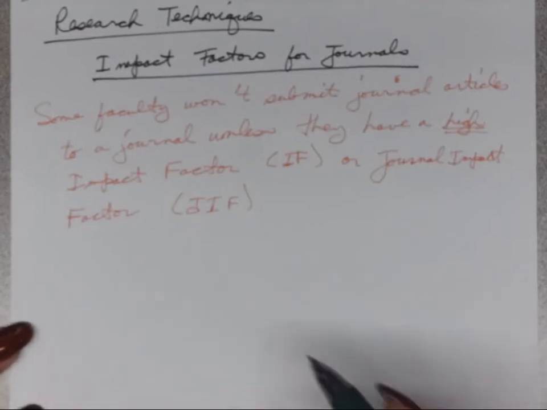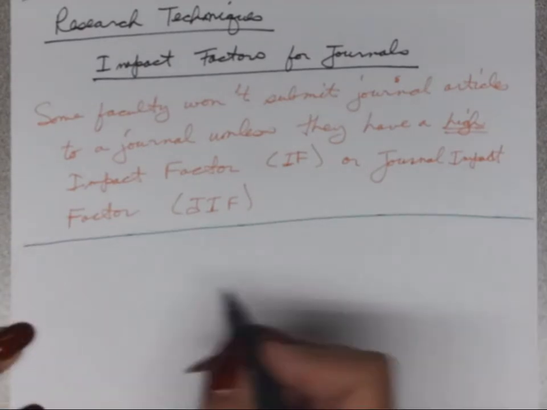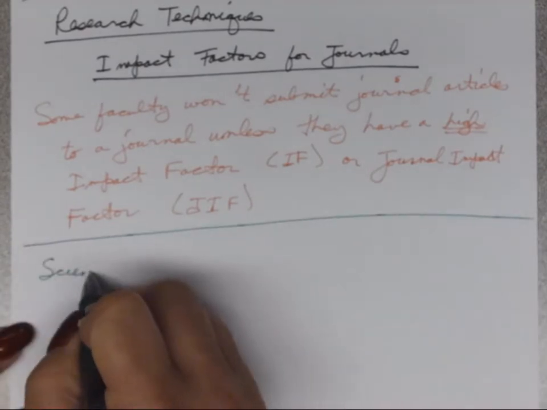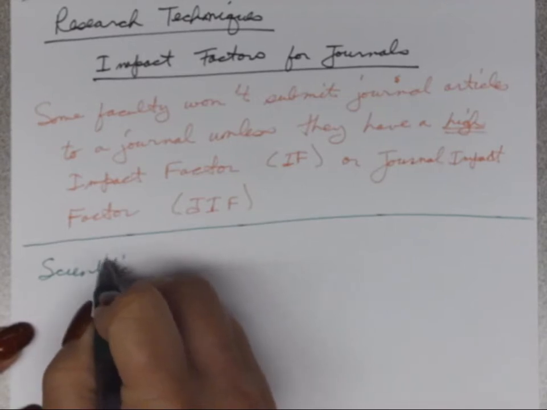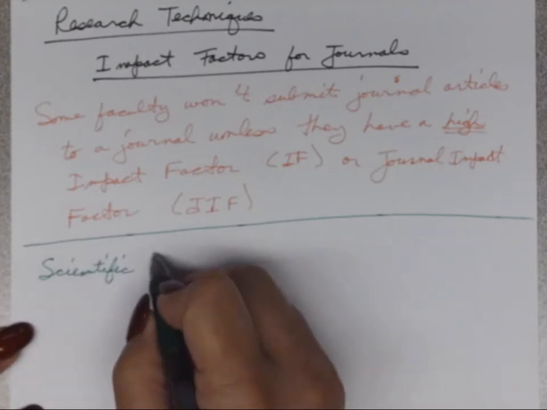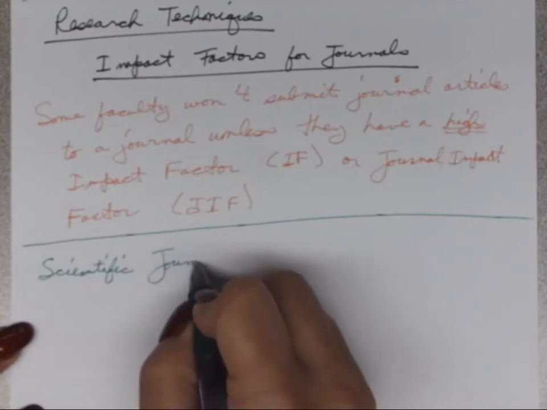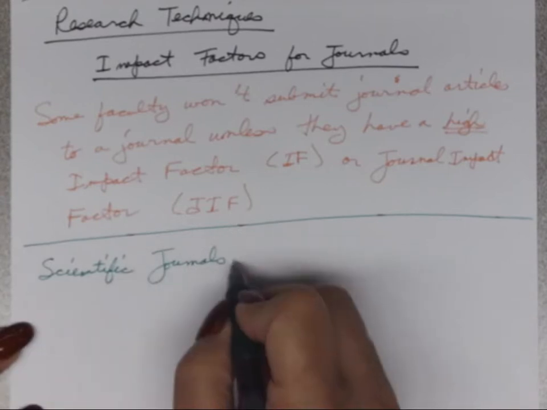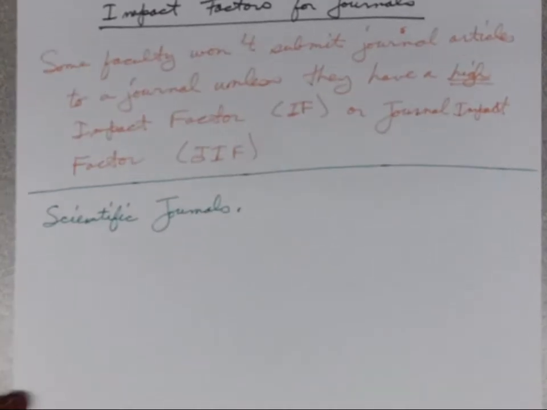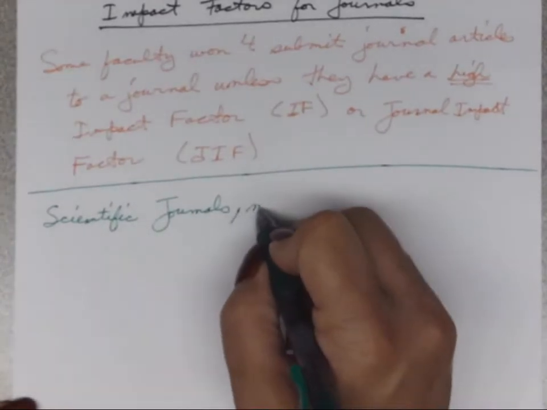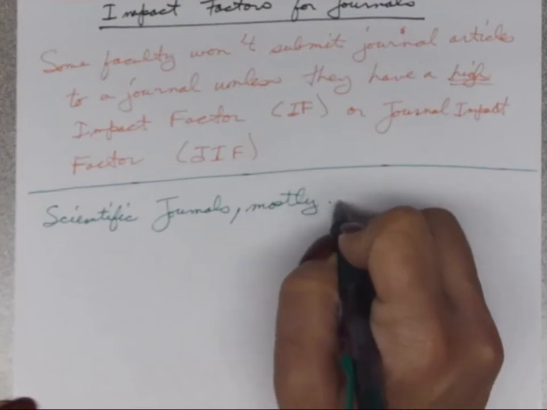So how does that work? Well, mostly these are scientific journals, but they're not all. The reason why, I think, is because it's kind of a mathy way of calculating things, mostly.